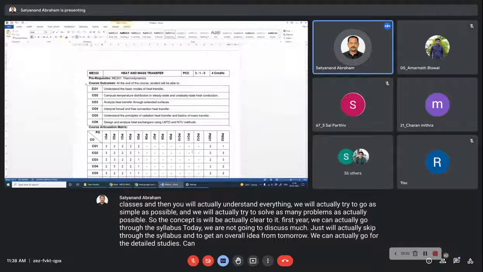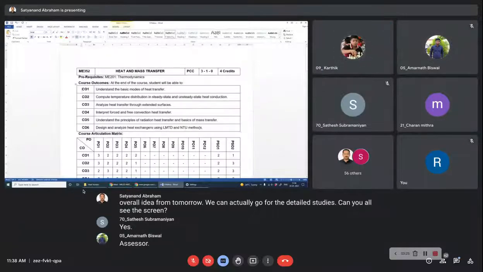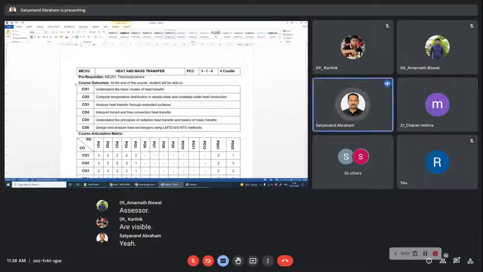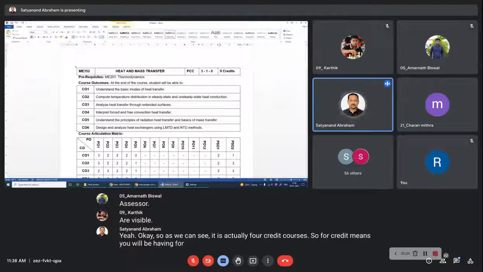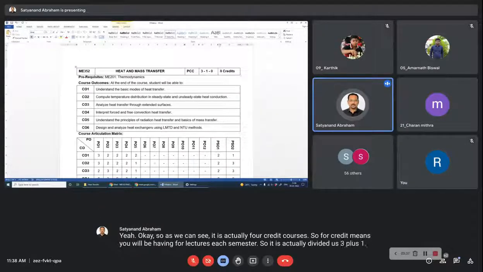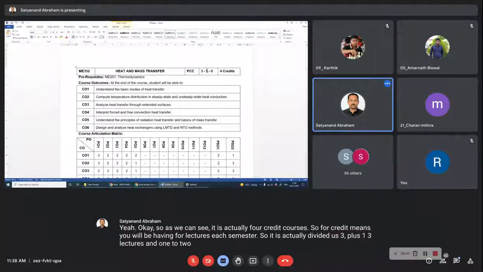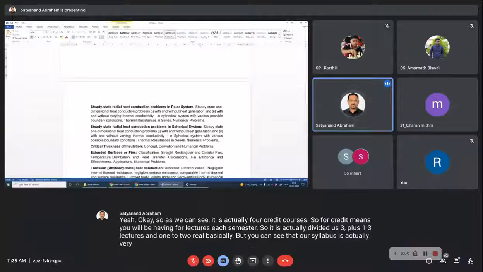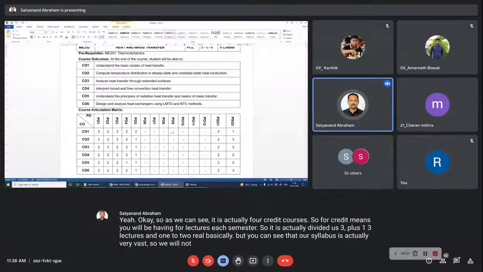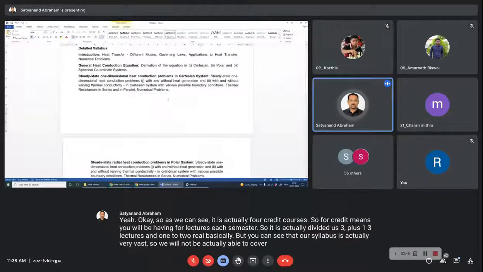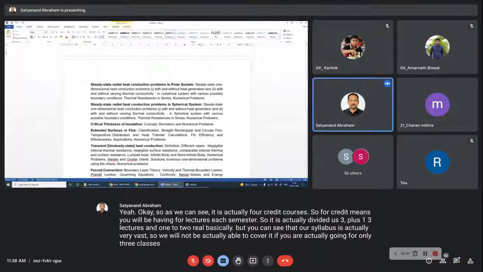Can you all see the screen? Yes, sir, visible. Okay, so as you can see, it is a 4 credit course. So 4 credit means you will be having 4 lectures each week. It is divided as 3 plus 1, 3 lectures and 1 tutorial basically. But you can see that our syllabus is very vast. So we will not be able to cover it if we go for only 3 classes per week.